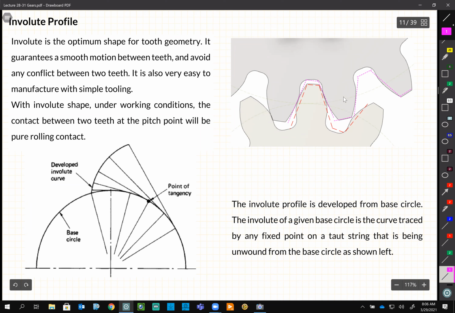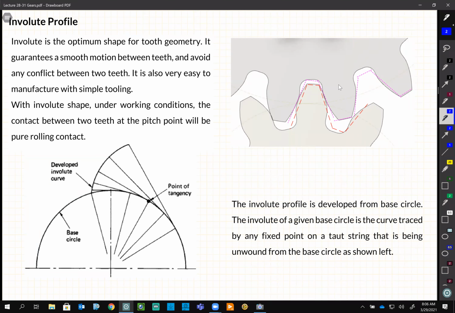And eventually they learned that the profile for a gear should have a certain shape to guarantee a smooth motion, like this graph here. It has to have certain characteristics.